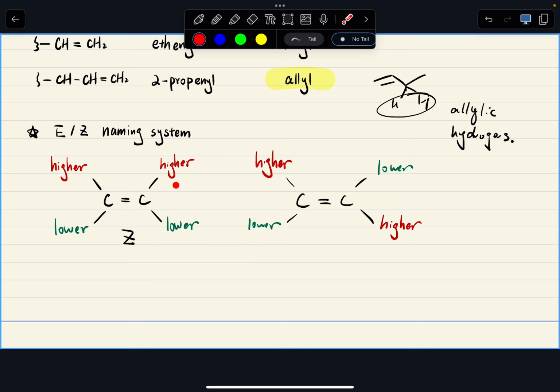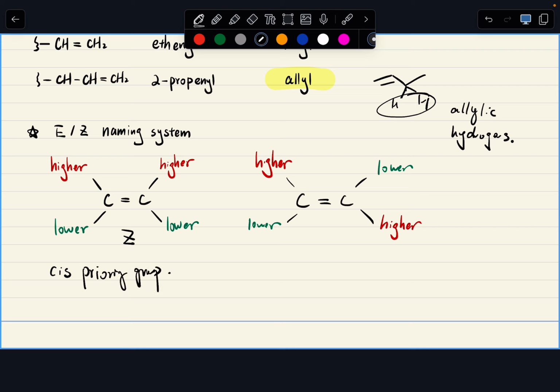So if the 2 higher priority groups are on the same side, we call it Z, or these are my cis higher priority groups. And if your higher priority groups are on different sides with each other, these are my trans higher priority groups.